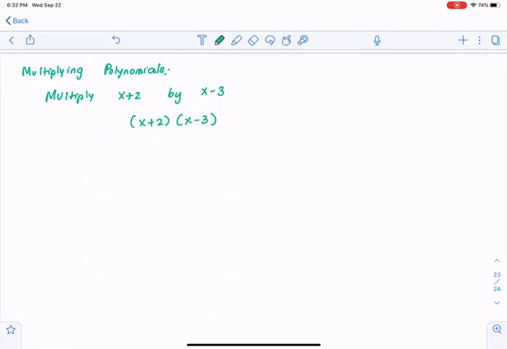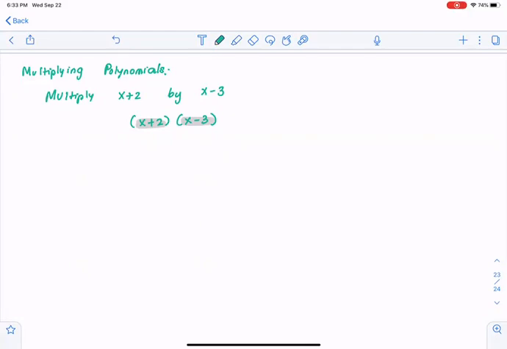Whatever approach I'm going to mention is very similar to FOIL, but it is easier to understand, especially in a case where you have more than 2 terms. But when you have only 2 terms, in other words, a binomial and a binomial, you are welcome to use FOIL, which is first, outside, inside, last.